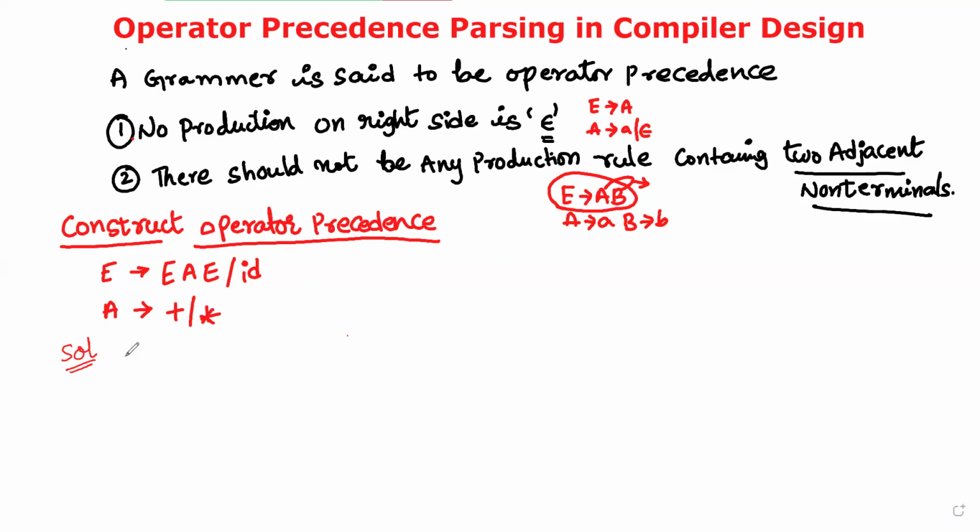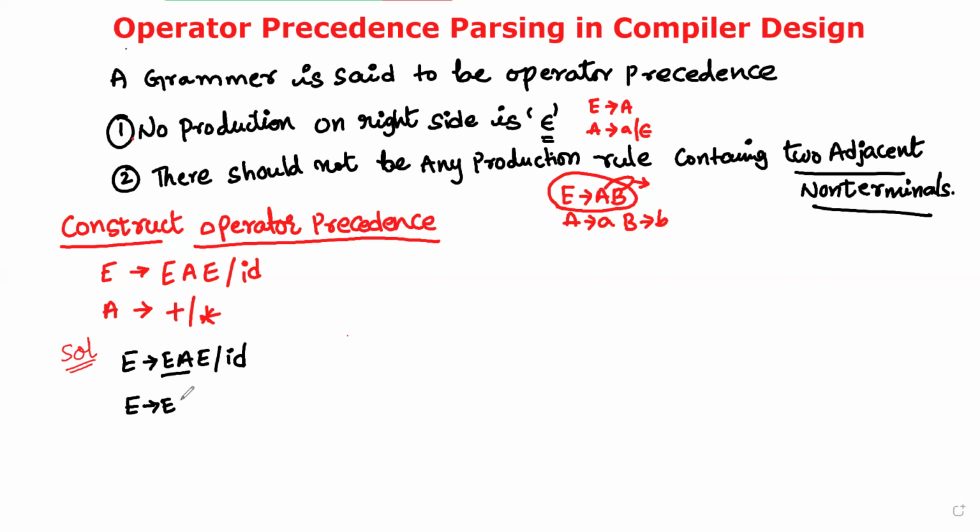They have given one problem here. You can see E tends to EAE / ID. Here the value of E is EAE, but there are two adjacent non-terminals, hence you should replace this value. Now what I am going to do: E tends to E, and what is the value of A?